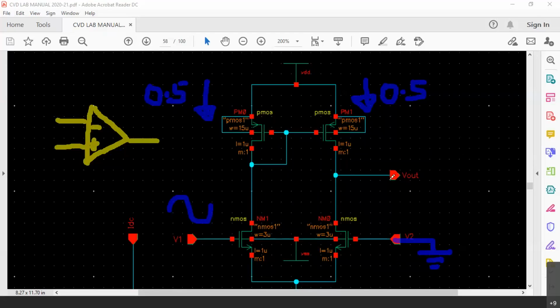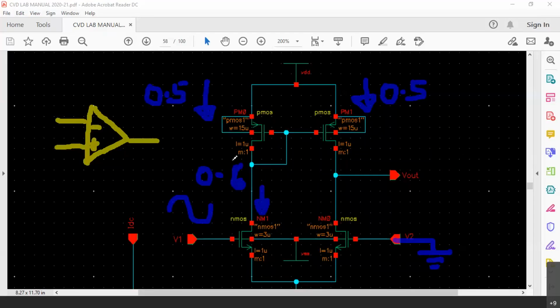Now we are taking the output here. Now when the gate voltage at V1 increases, this particular NMOS is gradually moving from saturation towards linear region. That means the current here, let us say, increases to 0.6.